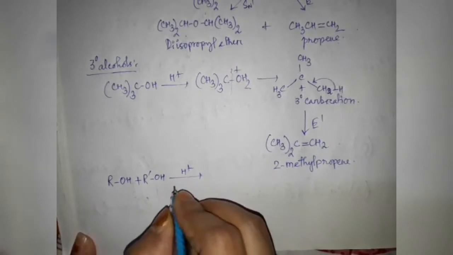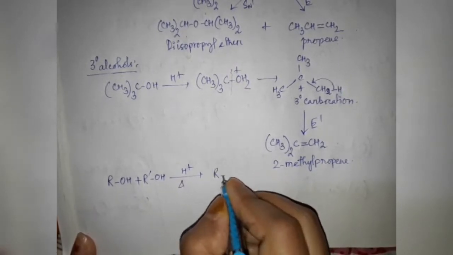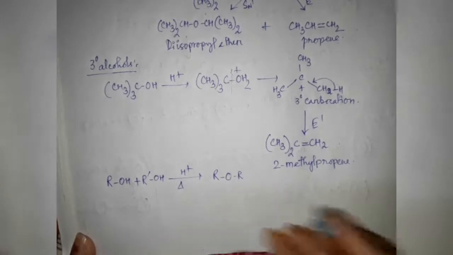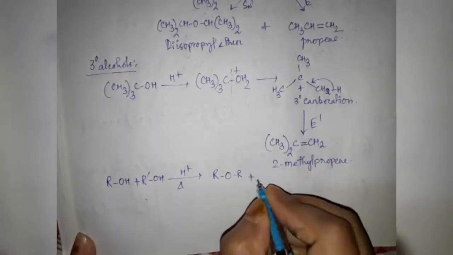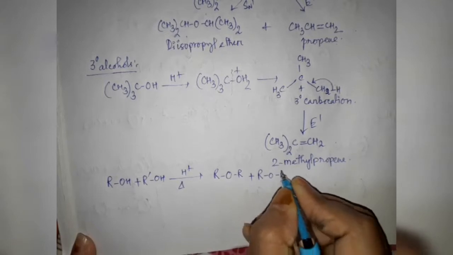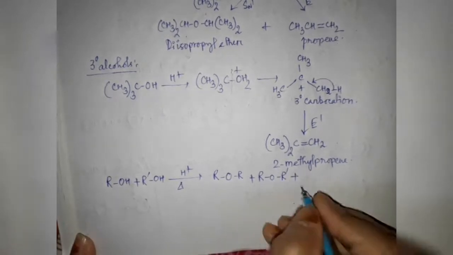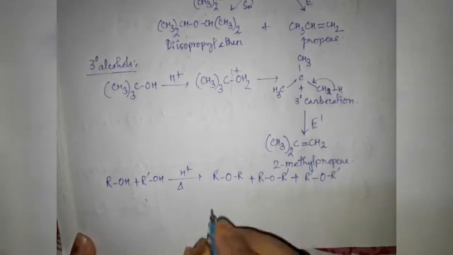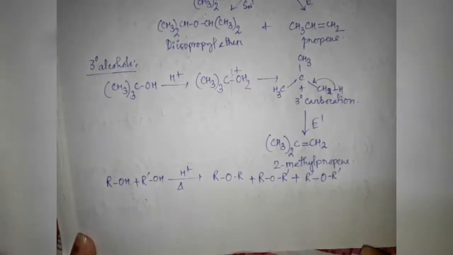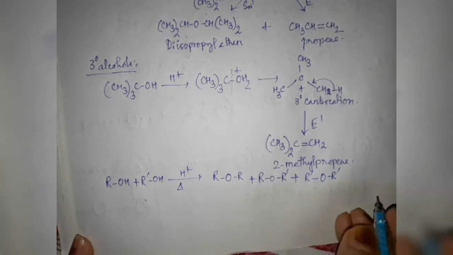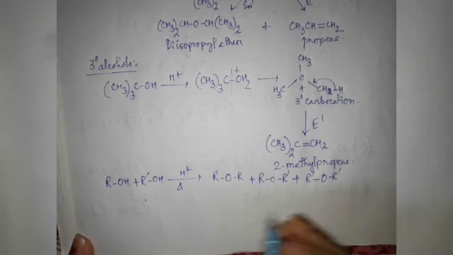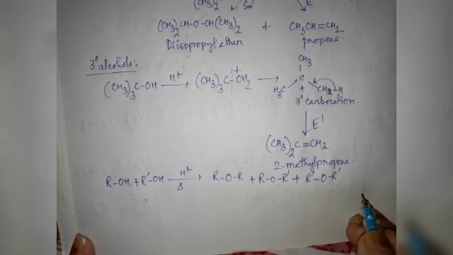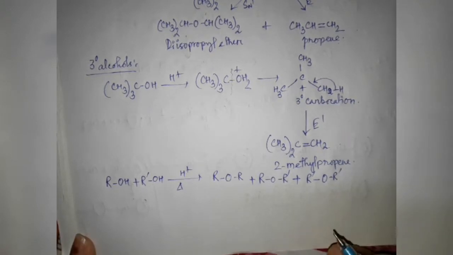So ROH and R'OH I am taking, and as a result we will have a mixture of products: one symmetrical ether with only R, one unsymmetrical ether which is our desired product, and another one with the R' alkyl group. So we are getting a mixture of products, so unsymmetrical ethers are not prepared by this kind of method.